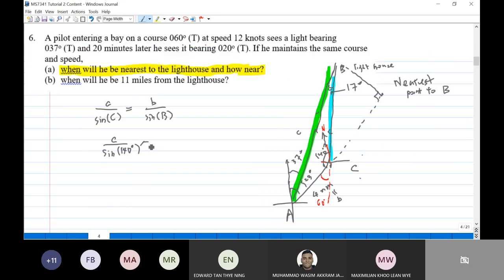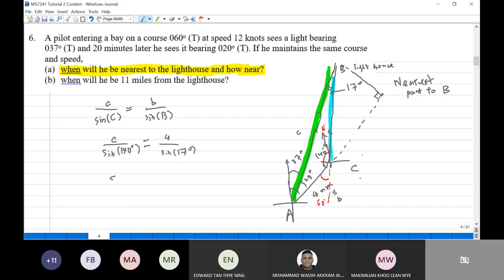So the side B I'm going to find is 4. Angle B is 17.